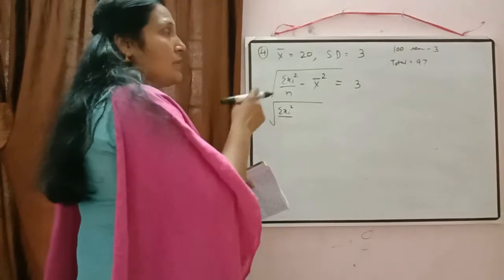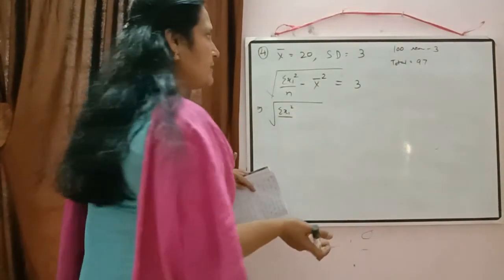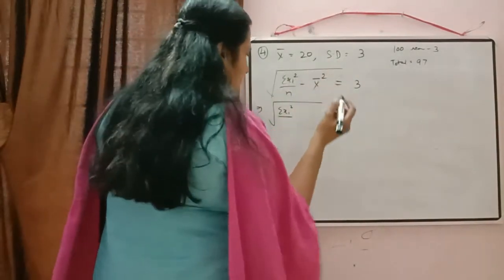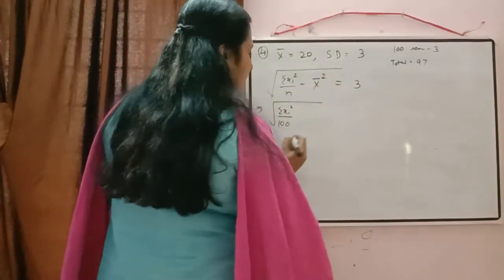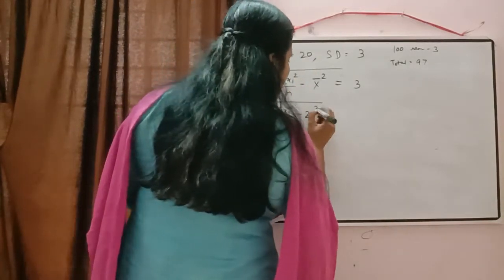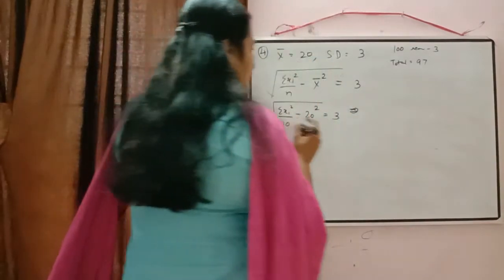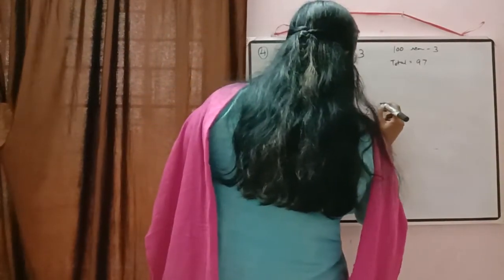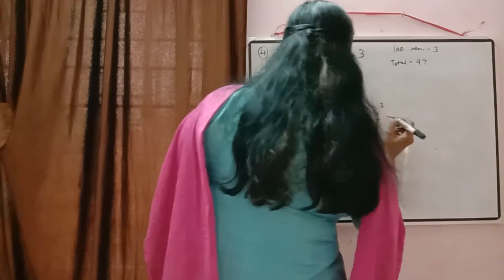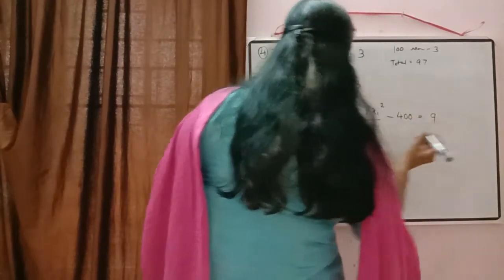First we find the incorrect value of sigma xi square, then we will correct it. So sigma xi square by 100 minus 20 square is equal to 3. To avoid the square root, squaring both sides, we get sigma xi square by 100 minus 20 square, that is 400, equal to 9.